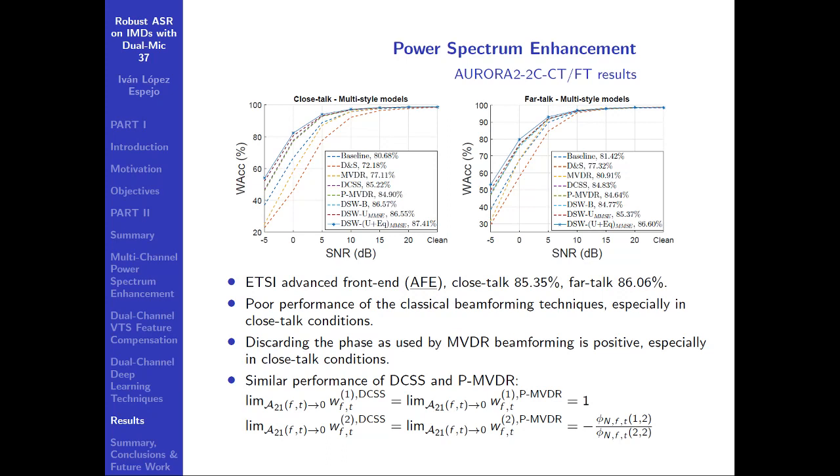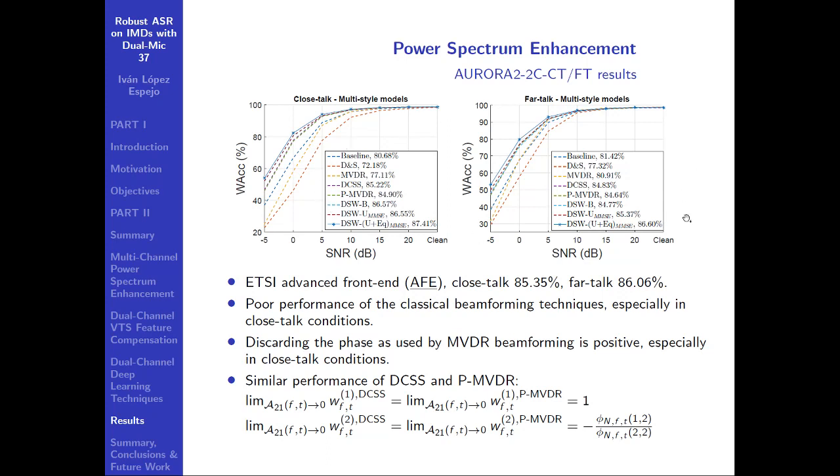So here we can see our power spectrum enhancement results obtained on the Aurora 2 CC-TFT corpora for both close talk and far talk conditions, and in particular we represent word accuracy as a function of the signal to noise ratio.